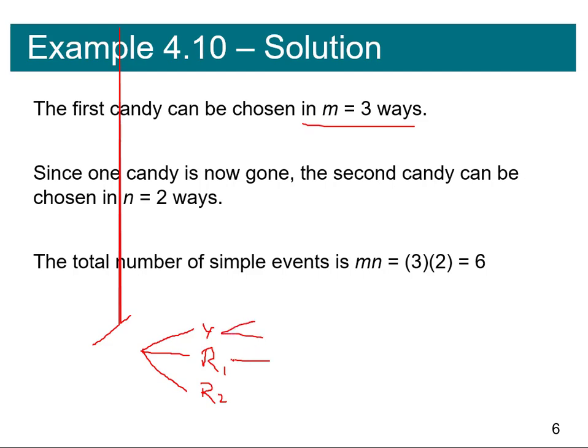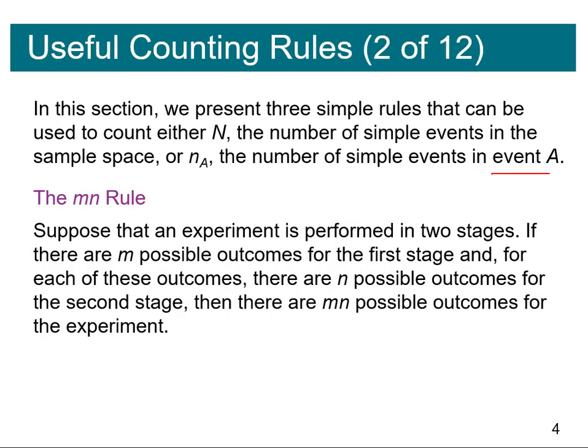If you got R1, you only have 2 possibilities, yellow and R2. And if you got this, you have 2 possibilities. Okay, so we said there's 3 sets of 2, or 3 times 2, and that's an example of what they call the mn rule. So let's read it now.